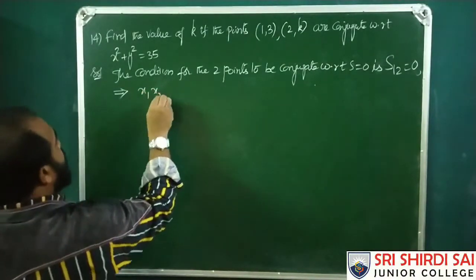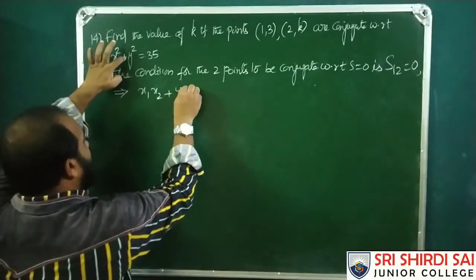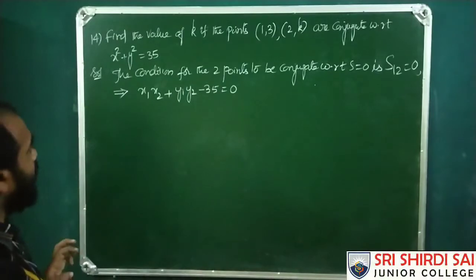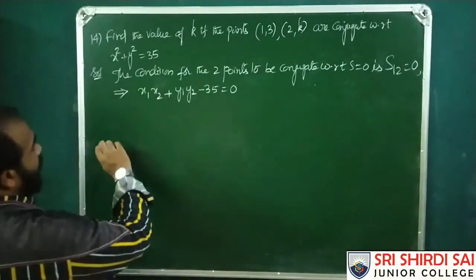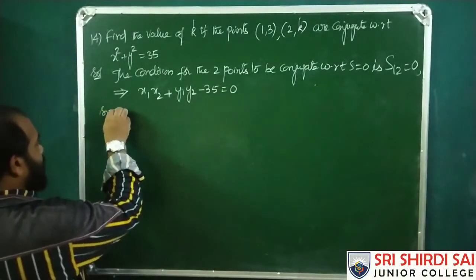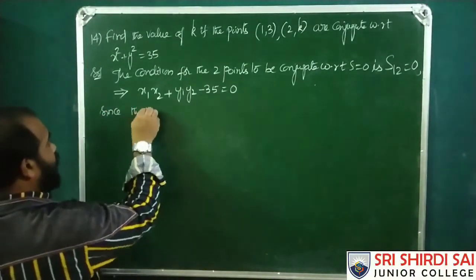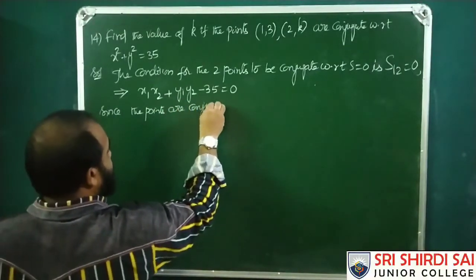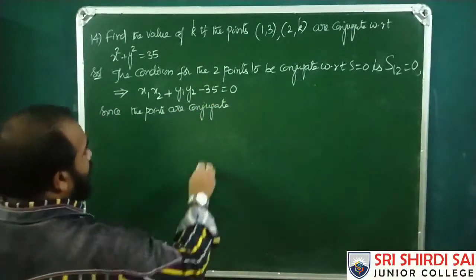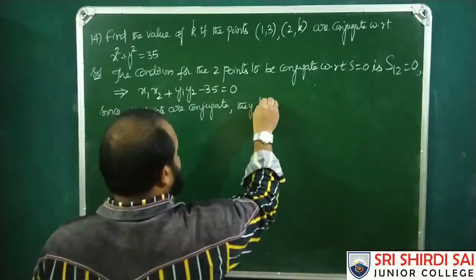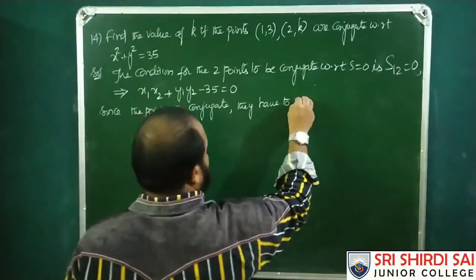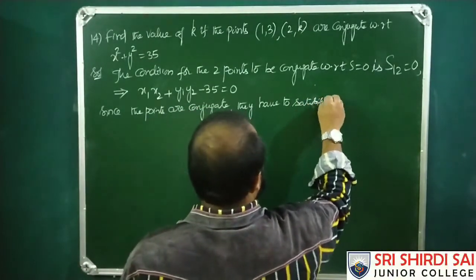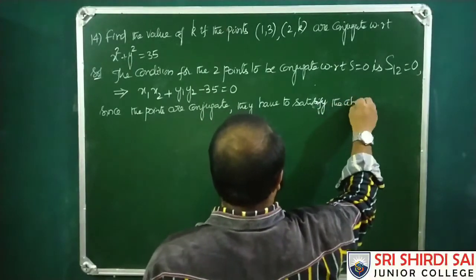x1 x2 plus y1 y2 minus 35 equals to 0. So since the points are conjugate, they have to satisfy the above condition.